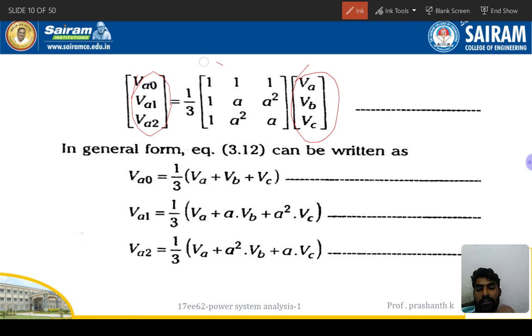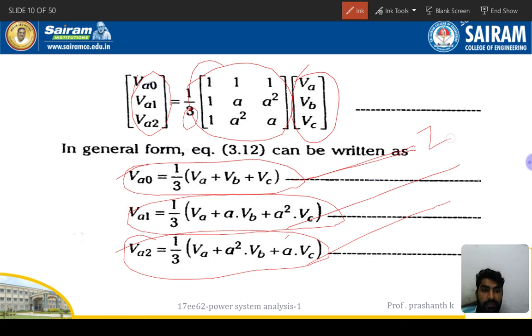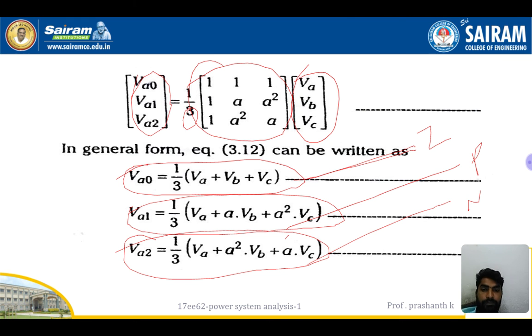So finally we got the matrix inverted. If you want the general form for a, b, c, there is no 1/3, and only then you will get a square, a. This general form equation is very important for solving problems. VA0 is equal to this value, VA1 is equal to this value, and VA2 is equal to this value. These are the zero sequence, positive sequence, and negative sequence components.